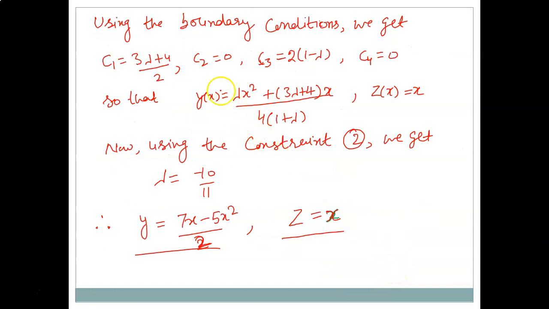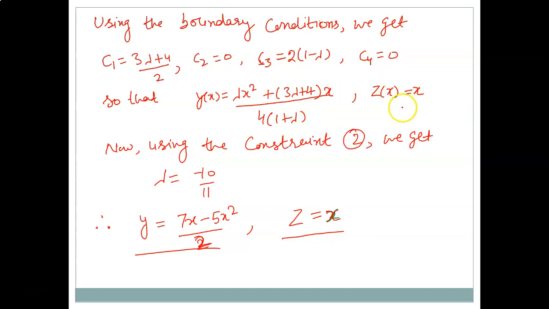Now, using the boundary conditions, the values of the arbitrary constants come out to be these. I'm not giving the details of the calculation here, so you can do those calculations. So c1, c2, c3, c4 are obtained over here, and consequently y(x) becomes this function and z(x) becomes this function.